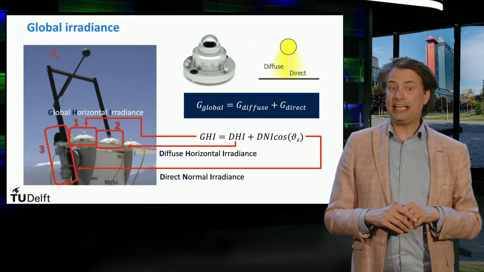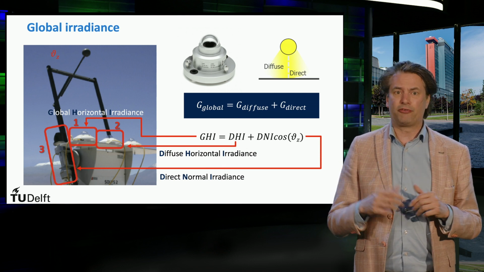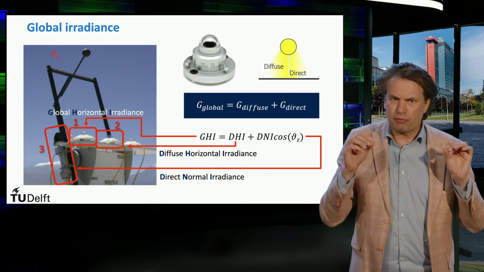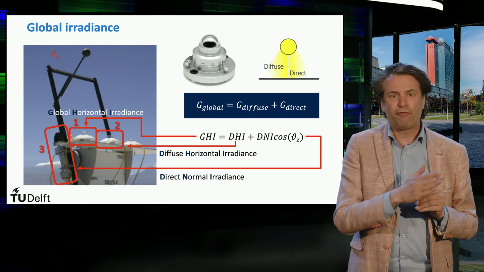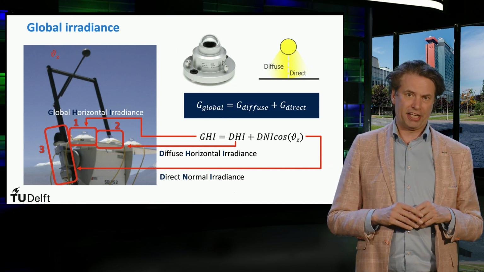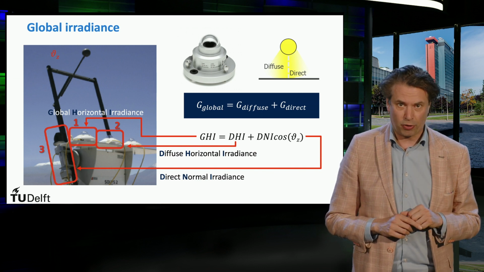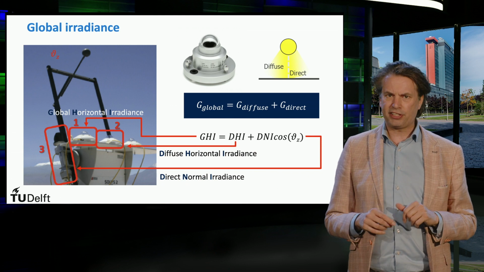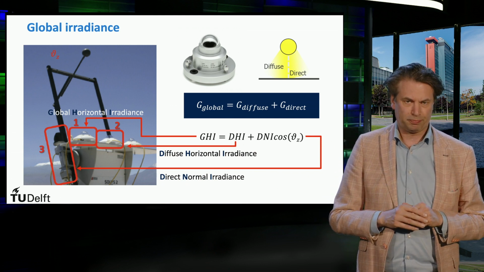And then the DNI is measured with the pyrheliometer, highlighted in the red box number 3. It's mounted on a 2-axis mechanical stage that follows the sun at any moment of the day, and it always points towards its direct component. The direct normal irradiance is thus obtained by shielding the pyranometer in a black tube.